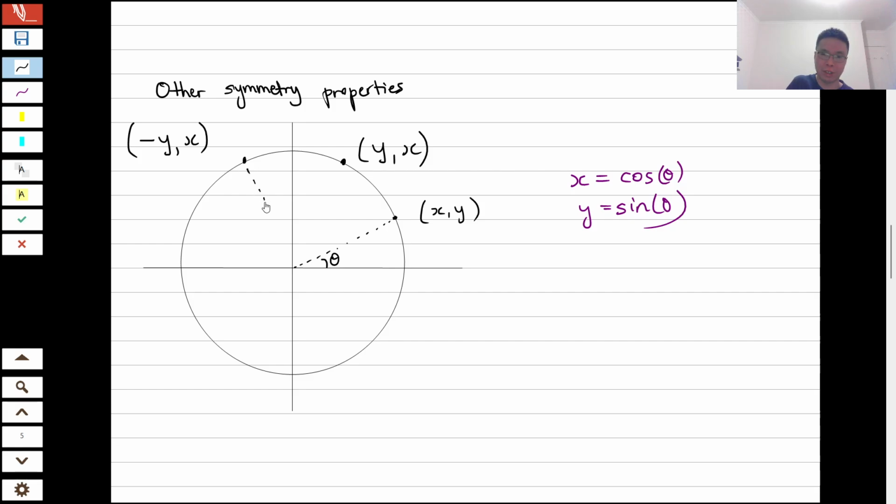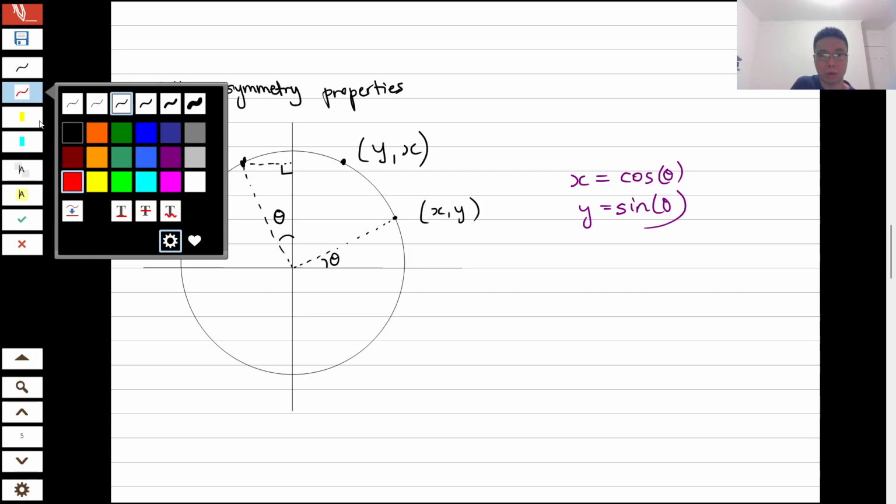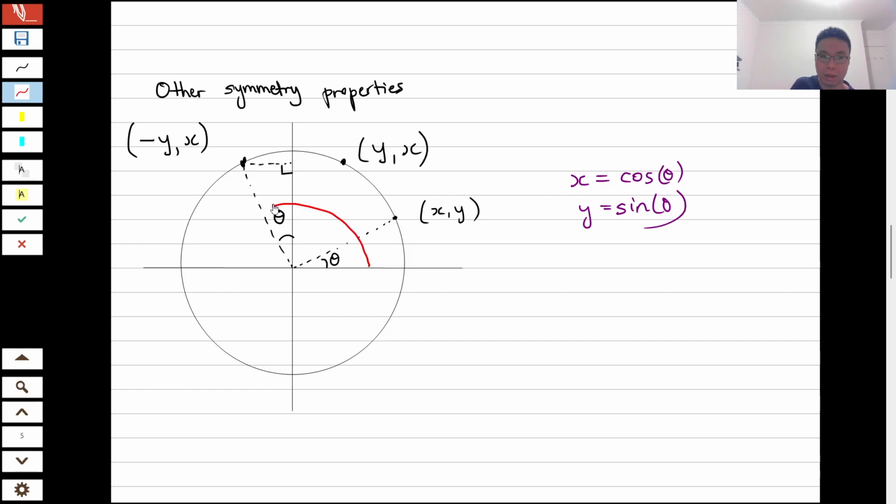And imagine a situation where we create a right-angled triangle like so, with the same angle theta, now making an angle which is now pi on 2 plus theta, because we've gone the full right angle and we've gone counterclockwise an additional theta radians.